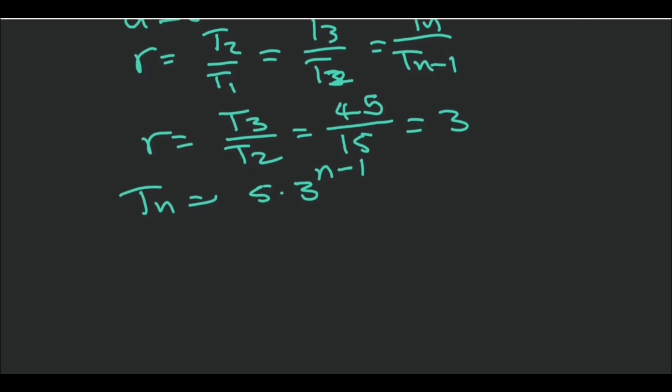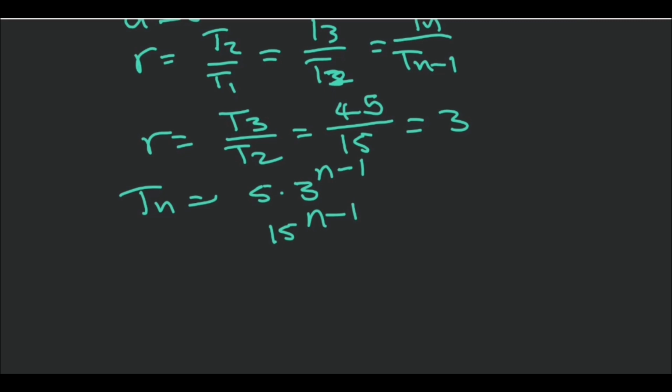One warning that I feel is necessary for you to know: you should not multiply these two, because when you multiply them out, you will get 5 times 3, which is 15 to the power n minus 1, which is wrong.